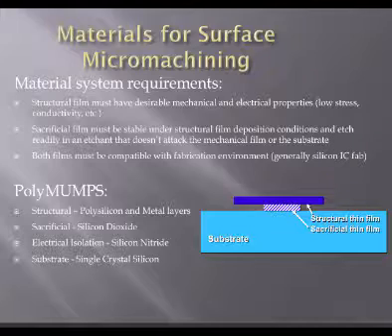So what materials do we use? Well, with surface micromachining, we have structural materials, okay? And those films have desirable mechanical and electrical properties. They're usually low stress. So what does low stress mean? Or let's put it another way. What happens if we have a high stressed material and we release it?